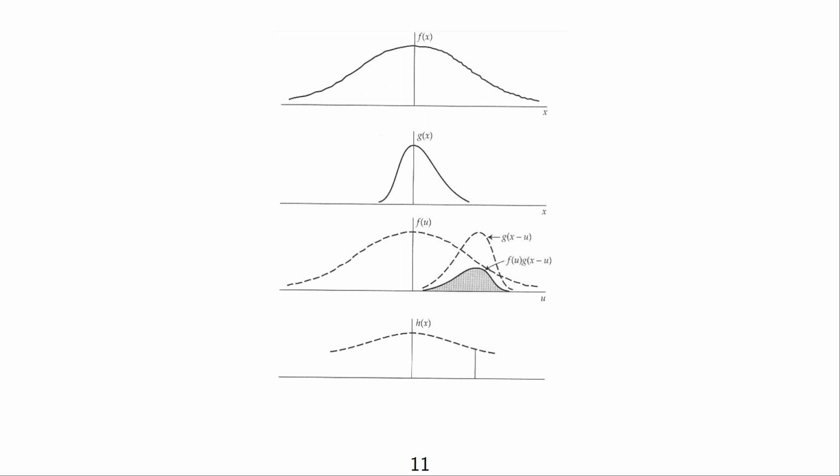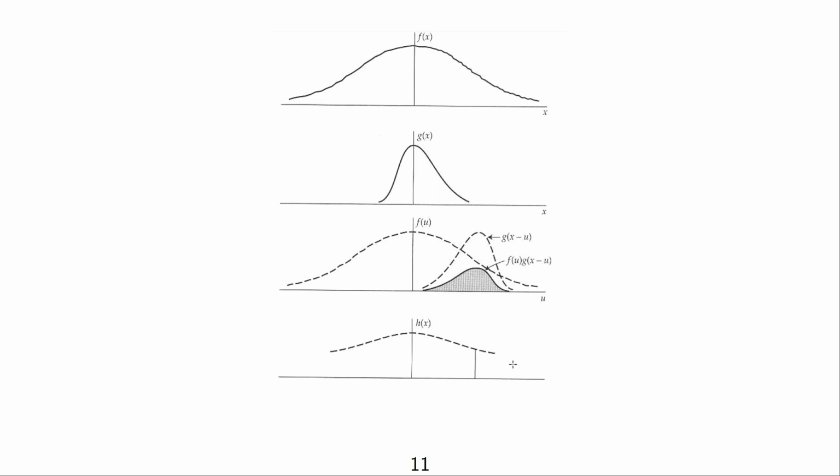So here we have a visualization of how convolution works. We are going to convolve the function f of x with this function g of x, and we consider g of x to be the filter. Now, what we're interested in is to compute the function for one particular output value.